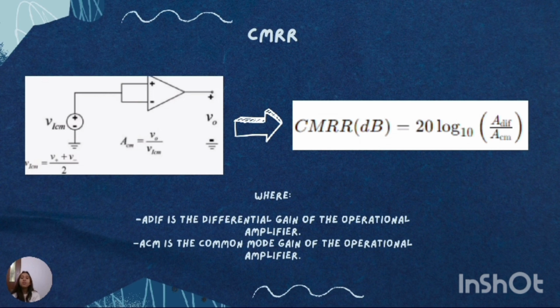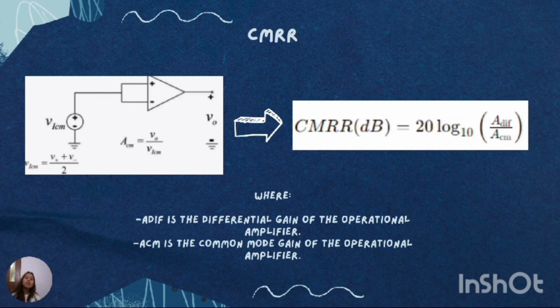The CMRR is typically expressed in decibels, dB, and is calculated as the ratio of differential gain when the signal is applied differentially to inputs, to common mode gain when the signal is applied in common to both inputs. The formula for CMRR in decibel is this.